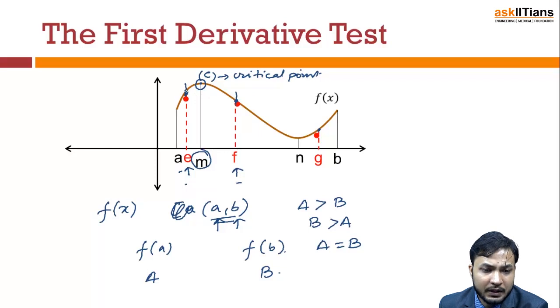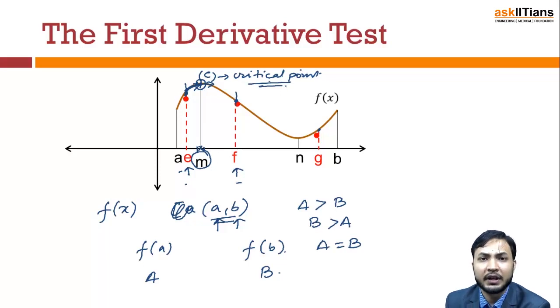See, from here to this part, the function value keeps on increasing. But when I have achieved the maximum value, after that the value starts decreasing. So there is a change that occurs at this point. This is the critical point.